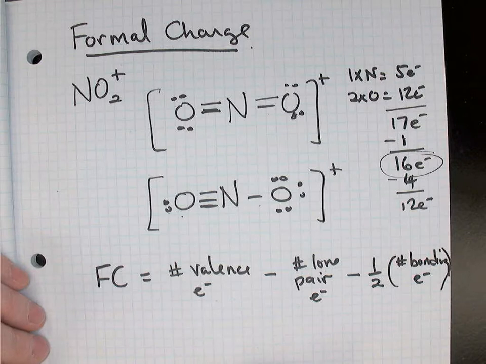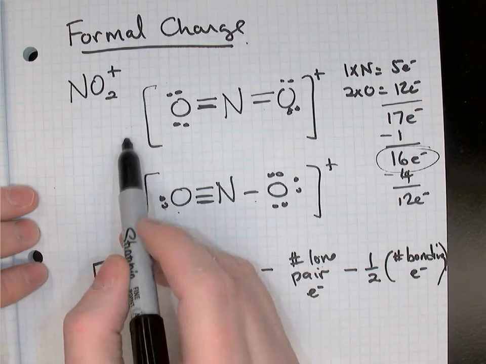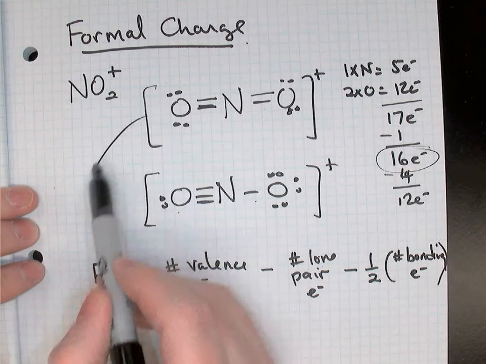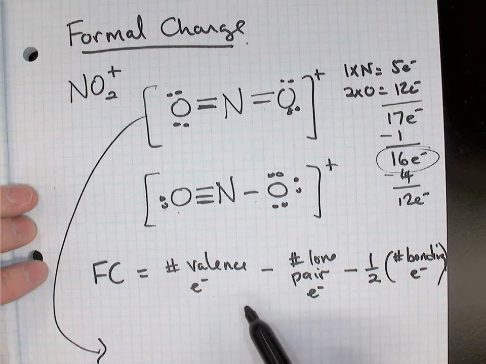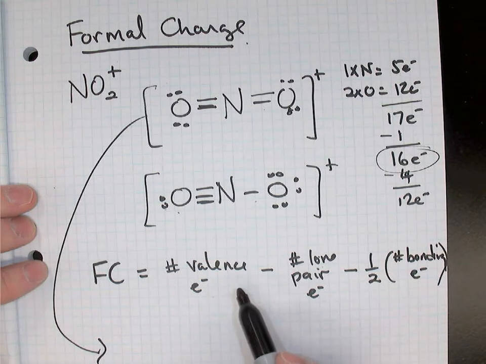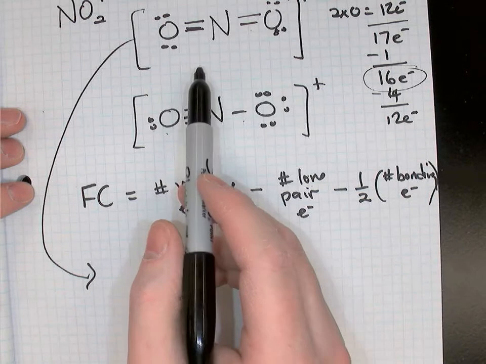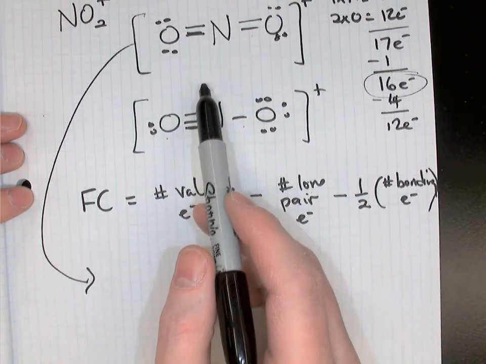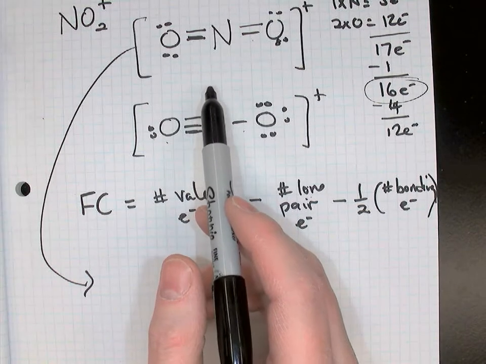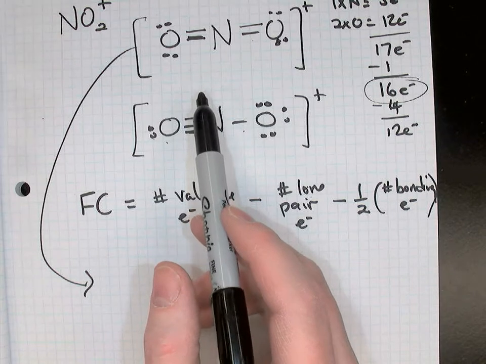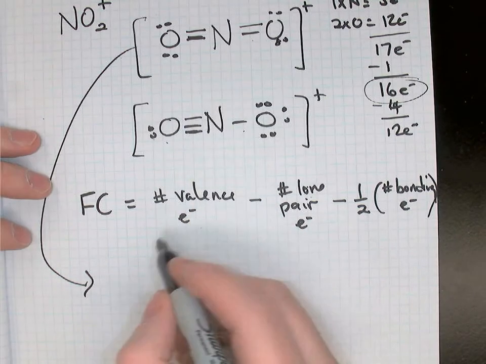For example, if we take the top molecule here, the NO2 with the double bonds between both oxygens, we can see that the two oxygens in that molecule are equivalent. They both got a double bond and they both got two lone pairs of electrons. So I'm going to calculate the formal charge just for one of them.